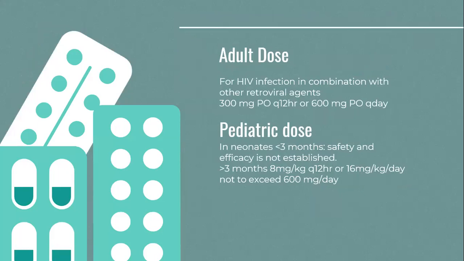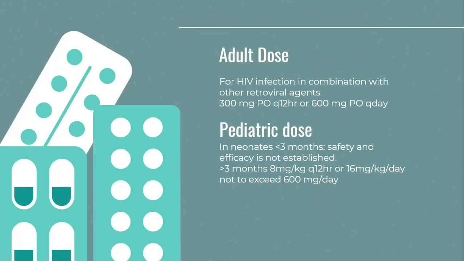The dose in adults for HIV infection is usually in combination with other agents, and the dose is 300 mg per oral every 12 hours or 600 mg per oral every day. The dose in peds whose age is less than 3 months, its safety and efficacy is not established.